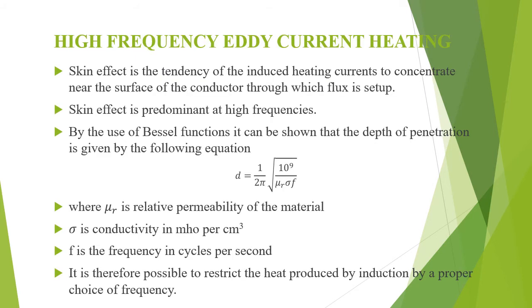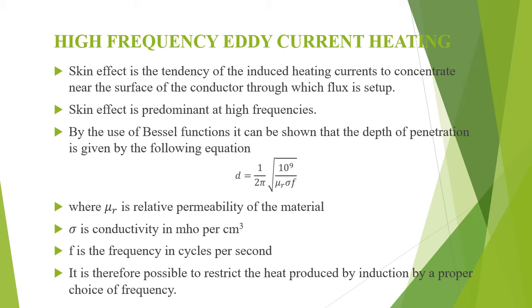High frequency eddy current heating. In high frequency eddy current heating, the phenomenon of skin effect plays a major role. Skin effect is the tendency of the induced heating currents to concentrate near the surface of the conductor through which the flux is set up. This effect is predominant at high frequencies. Using the Bessel function, the depth of penetration can be known.